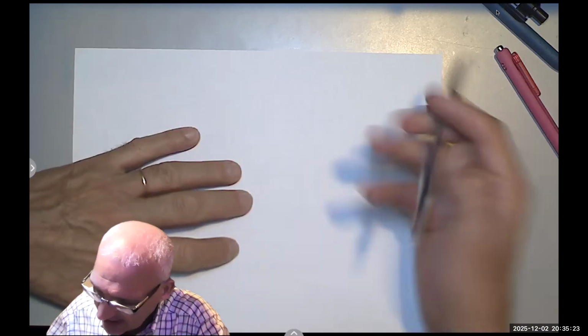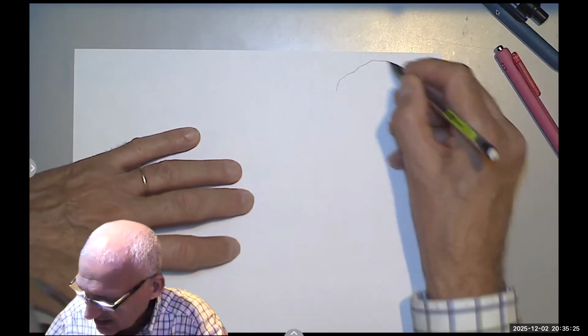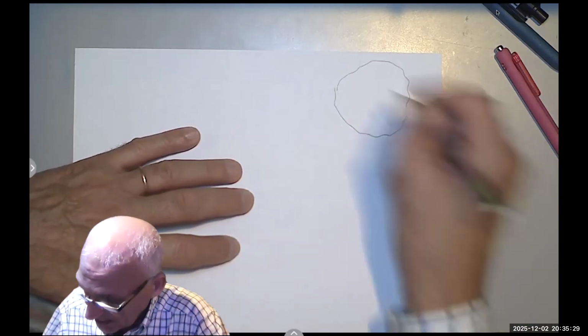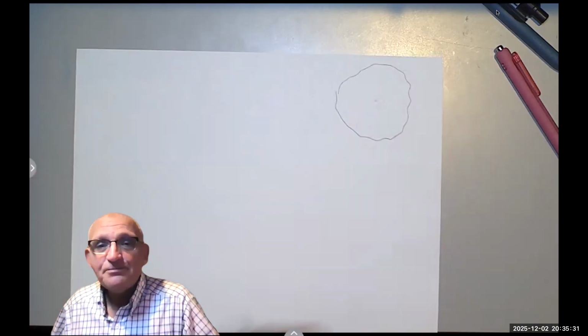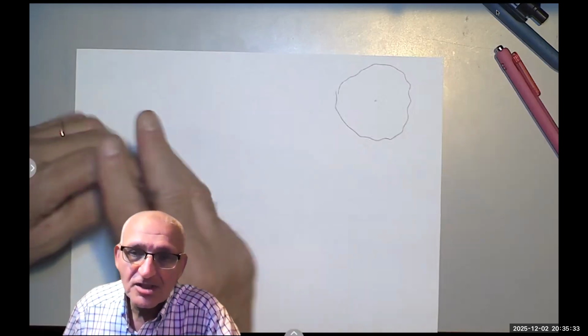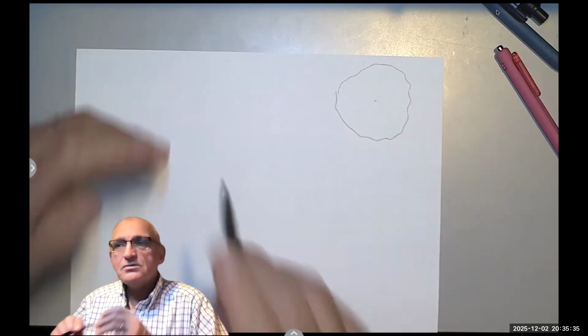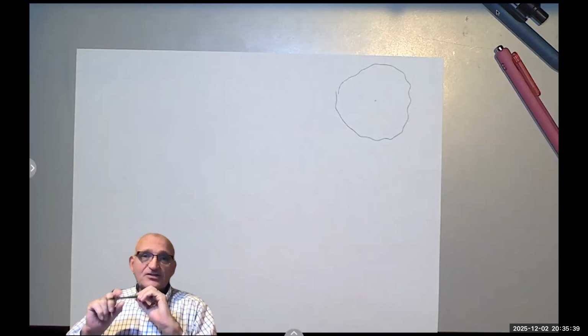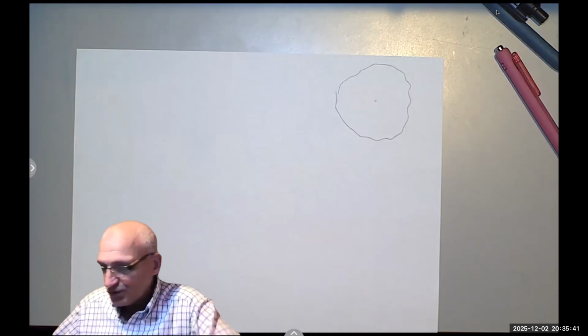So again, if we have any surface in 3D, at any point we can always construct two vectors that are tangential to that surface, right?